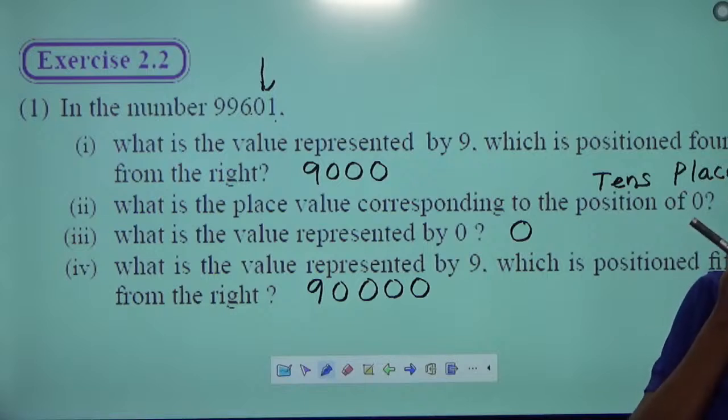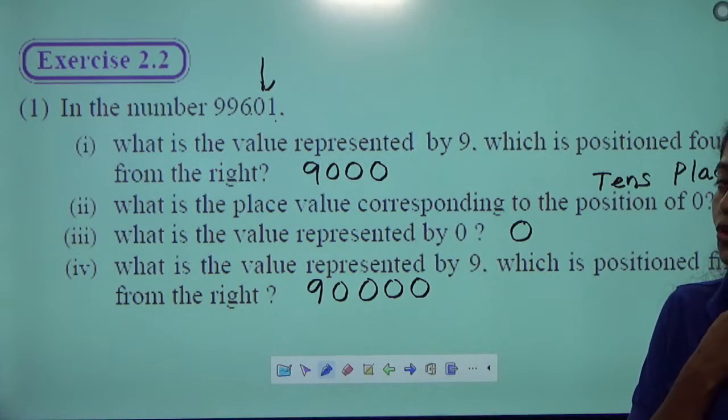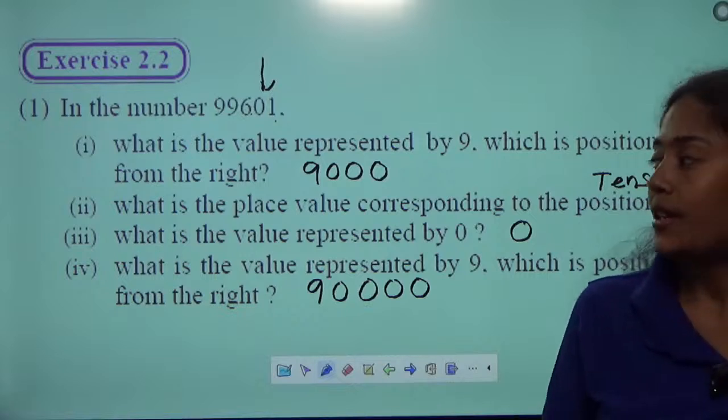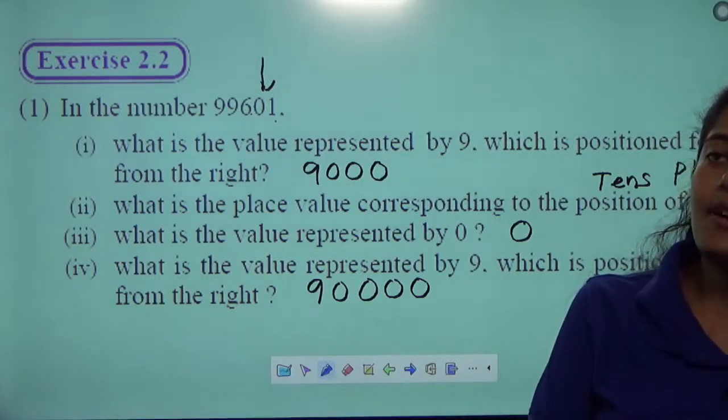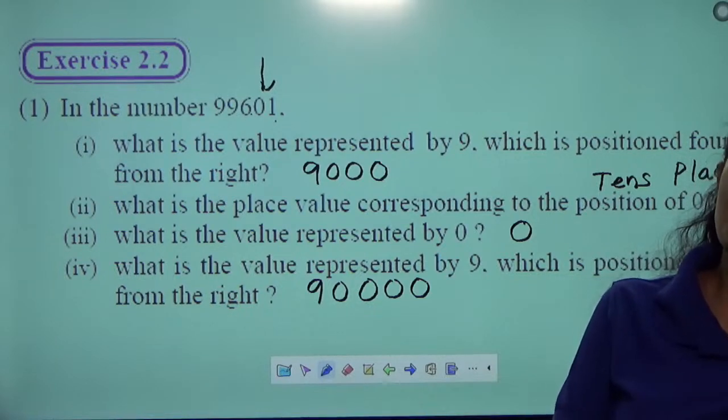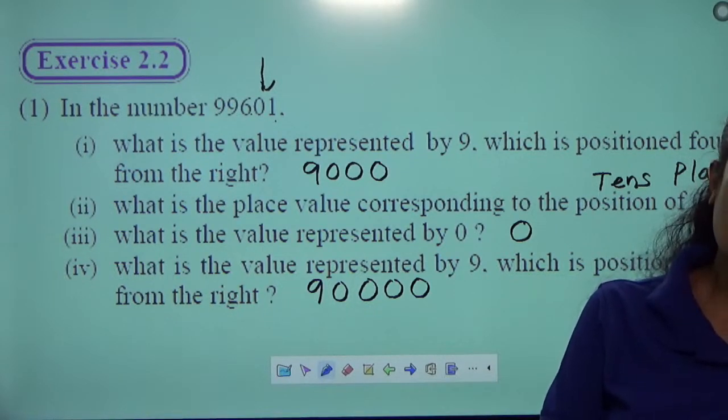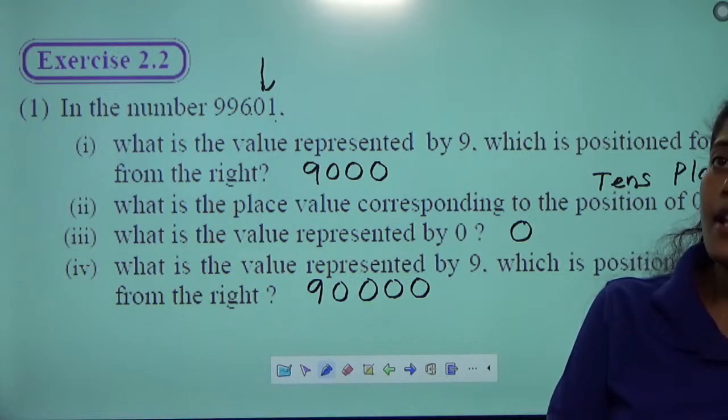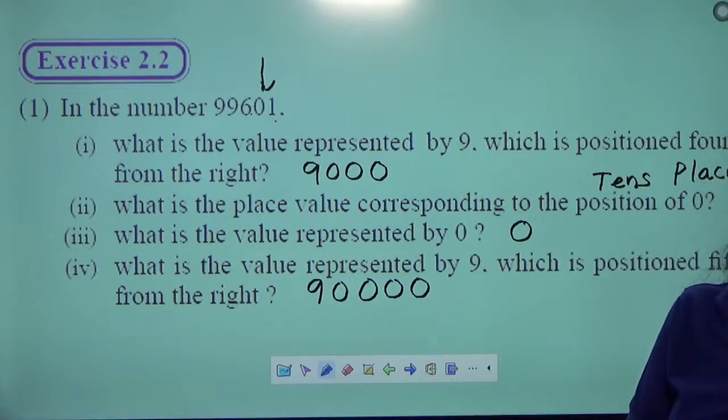So you have to go through the exercise and do those questions when you join next time. Right? So tell me what we learned today. Is it clear for you, or do you have anything to ask?